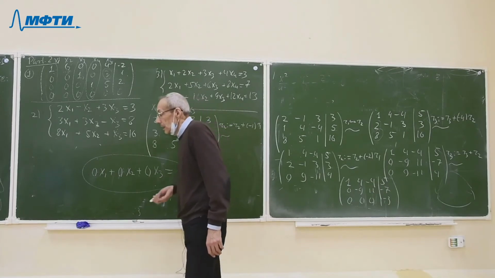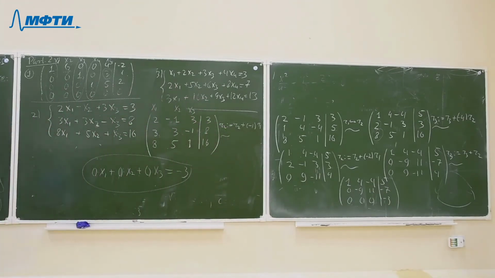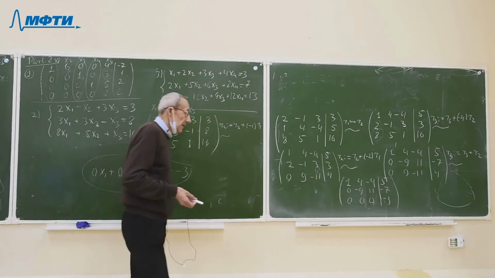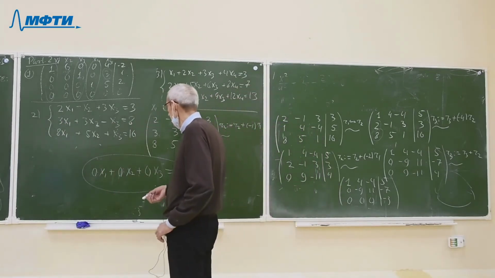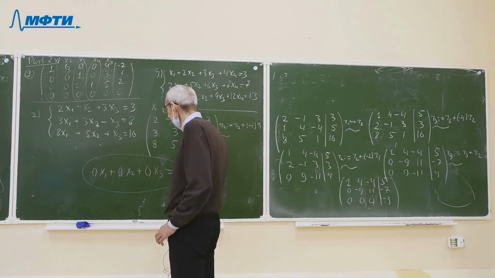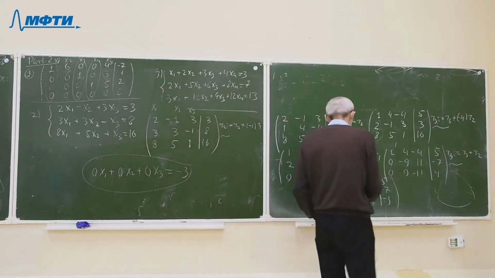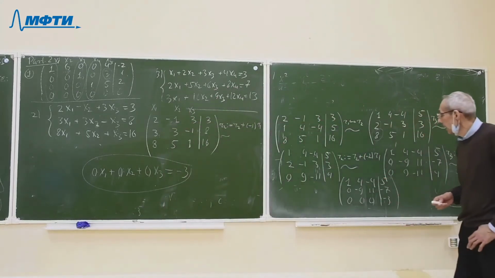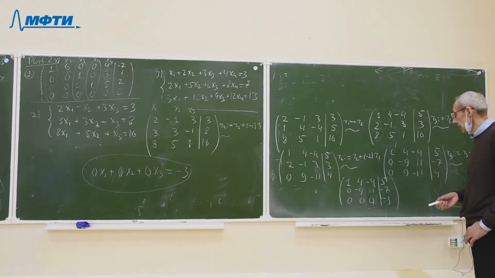But on the right side, we have a non-zero element. And we obtain a contradiction. The left-hand side is not equal to the right for any values. It means that the set of solutions of such an equation is empty, and our linear system also has no solutions.